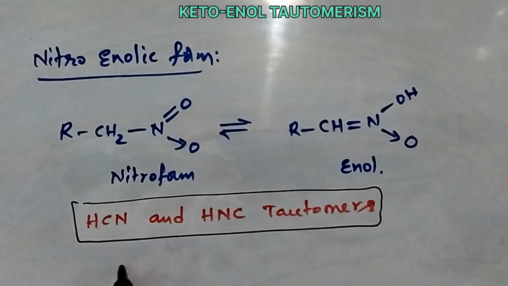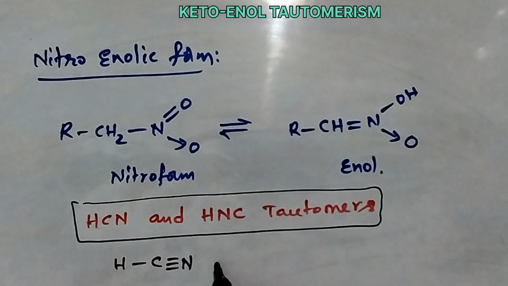See, here hydrogen single bond, triple bond, nitrogen. Then hydrogen will shift to nitrogen. See, hydrogen ion shift only, proton transfer only, tautomerism means. HCN, HNC.